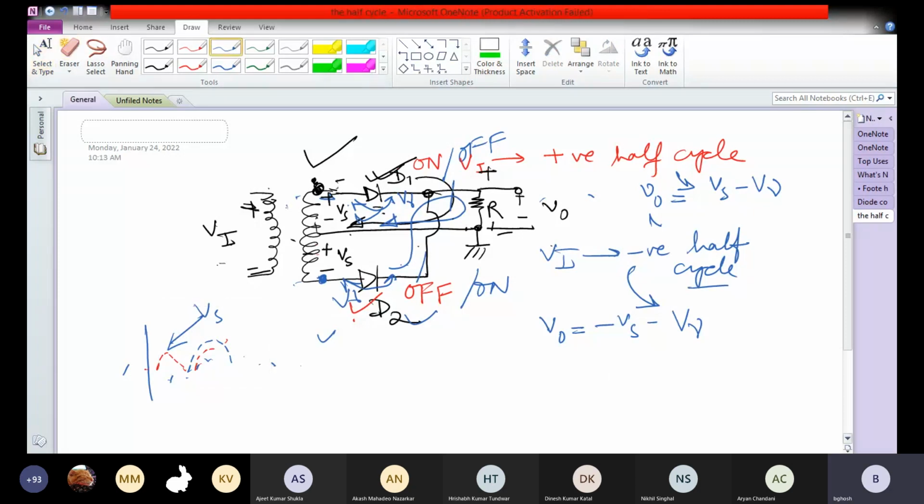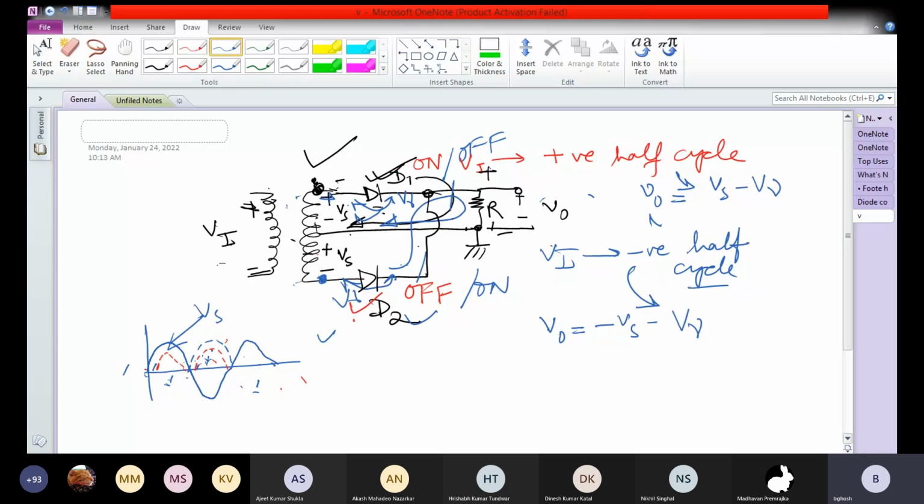So my input waveform will be like this, and this is my output waveform in red. There will be an offset.